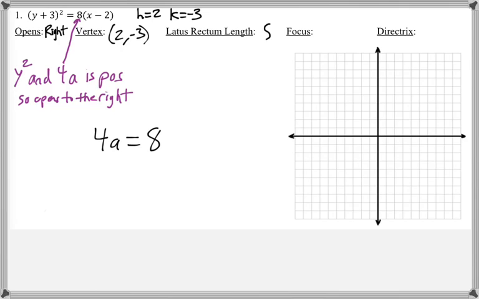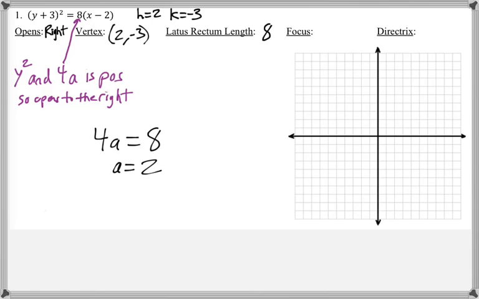So I can just put the 8 there. It's technically the absolute value of 8, but because it's positive, it's going to stay positive. Next I want to figure out what a is, because that's going to help me find my focus and my directrix. If you divide both sides by 4, a is equal to 2.